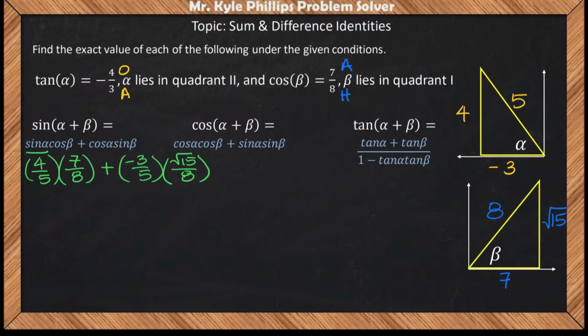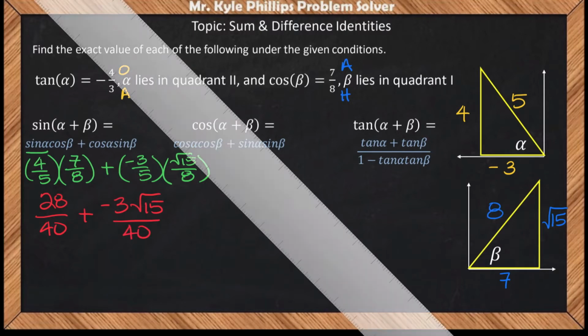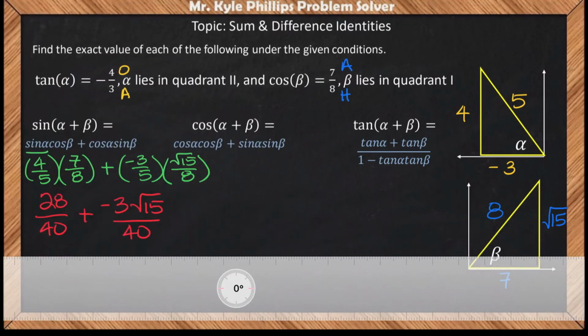So here I will multiply these together. So 4 times 7 is 28, 5 times 8 is 40, and then here I will add -3 times the square root of 15 all over 5 times 8, which is 40. So here, this is going to be a rather strange looking fraction.